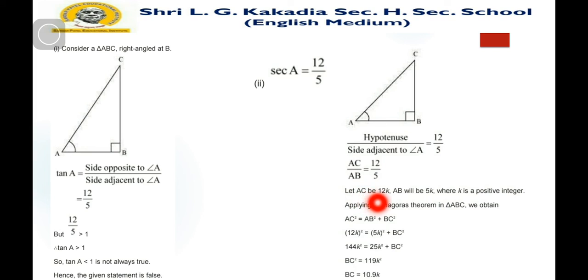Let AC be 12k, AB will be 5k, where k is a positive integer. Applying Pythagoras theorem in triangle ABC, we obtain AC square is equal to AB square plus BC square, that is (12k) square is equal to (5k) square plus BC square. After that we can find BC is equal to about 10.9k.